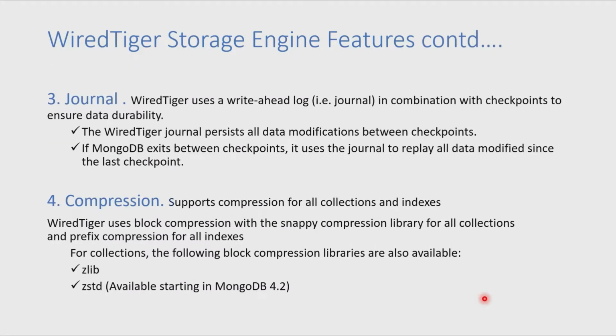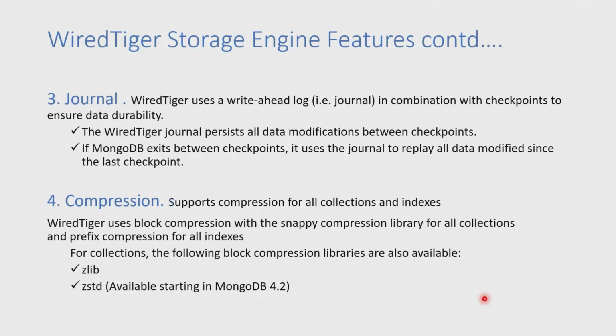There's one more term which is commonly used in the WiredTiger storage engine, journal. So what is journal? Journal is a write ahead log. So it has all the transaction details, and it is used along with the checkpointing.